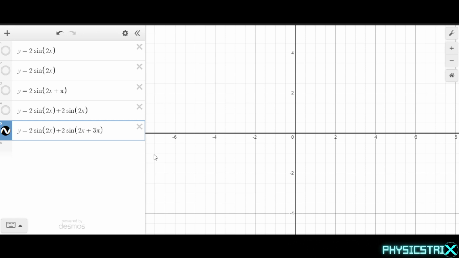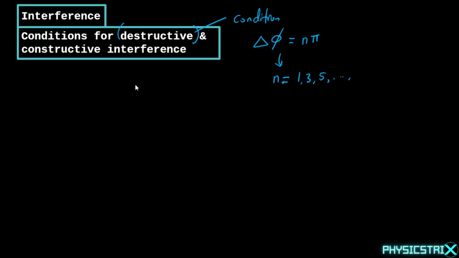Again, I have a destructive wave. What about 7? What about 9? What about 11? And so on and so forth. As long as the multiplier for the pi is an odd number, we will have destructive interference.